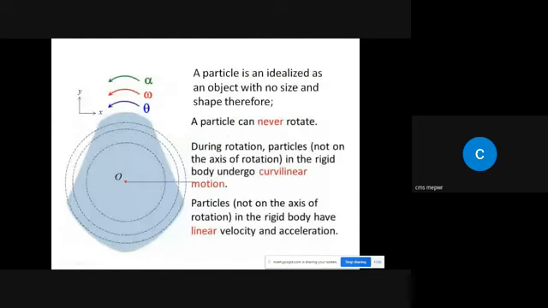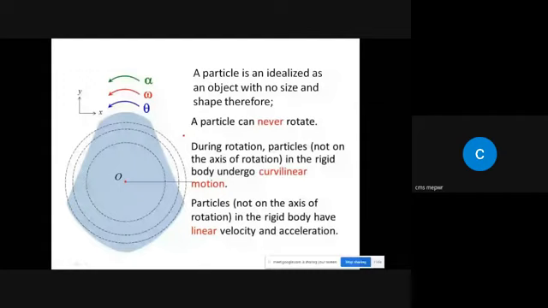Now, one more thing we need to understand: a particle is usually idealized as an object with no size and no shape, meaning an object with negligible dimension. If it is like a point, then the particle can never rotate.